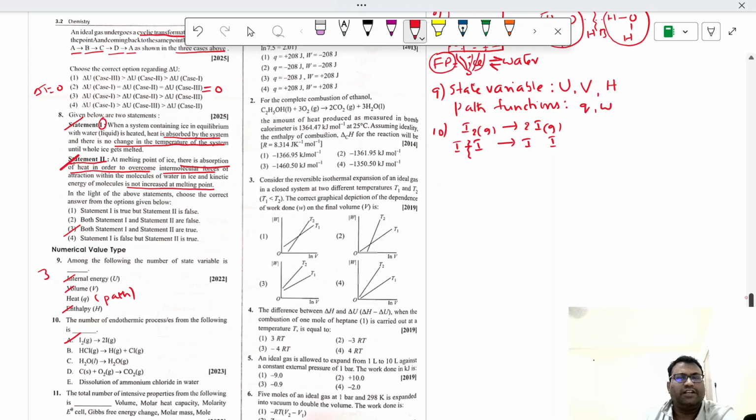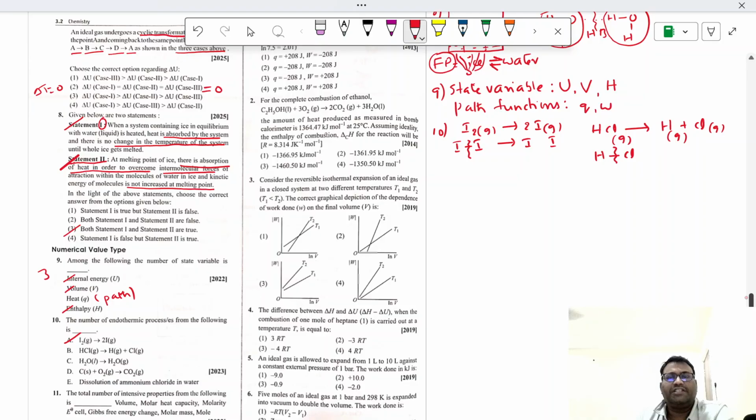Coming to HCl. HCl gas is converted into H plus Cl gas. Again, what is happening? The bond between H and Cl is broken. To break this bond, again some energy is to be provided. It absorbs energy and converts into atoms.